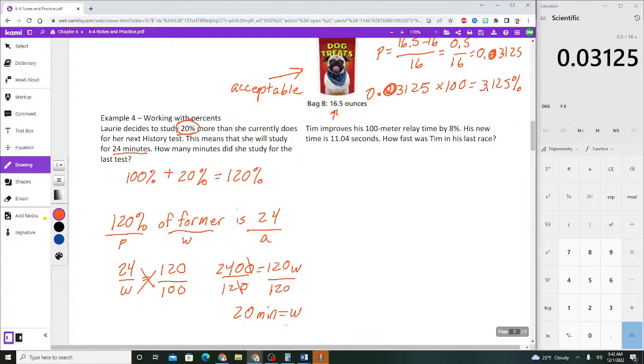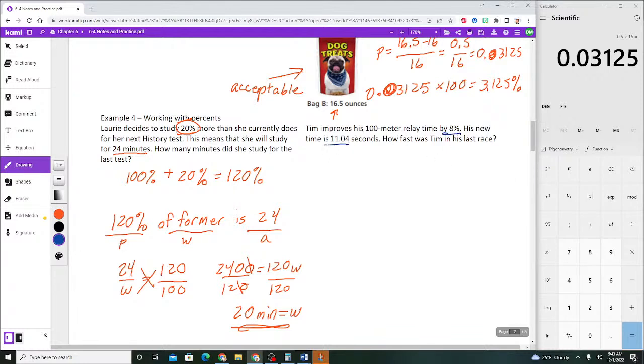So we know that last time she studied for 20 minutes. So what that also means is that if you go 24 minus 20, we know that the 4 minutes is the 20% increase.